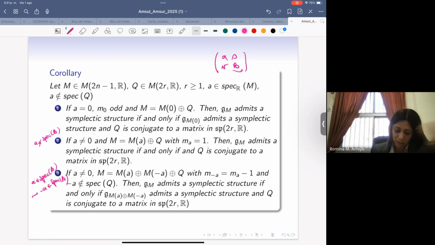And here we could prove that it is going to admit a symplectic structure if and only if the nilpotent part admits a symplectic structure, which we understood in the previous result, and Q is in SP.